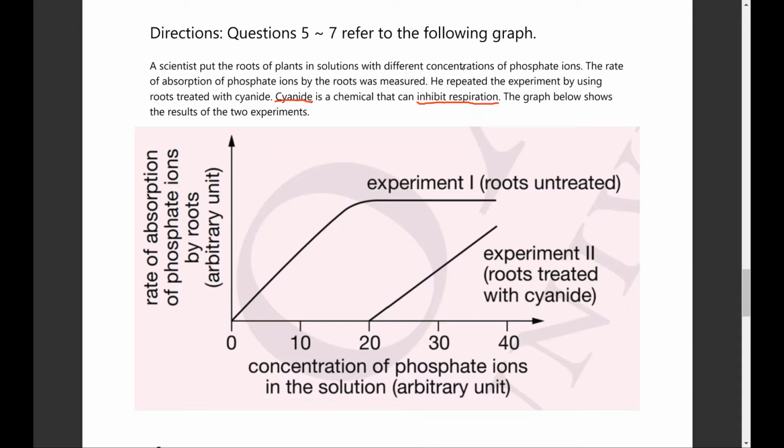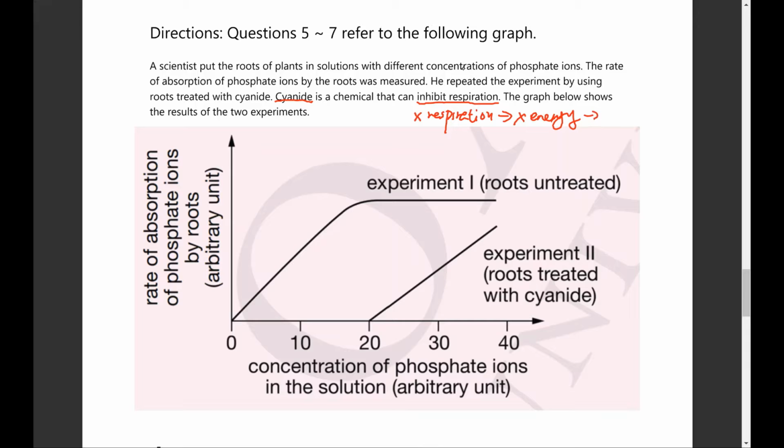Absorption only occurs at 20 units of phosphate ion concentration and above. Here, at least understand, cyanide inhibits respiration. So no respiration means no energy released.